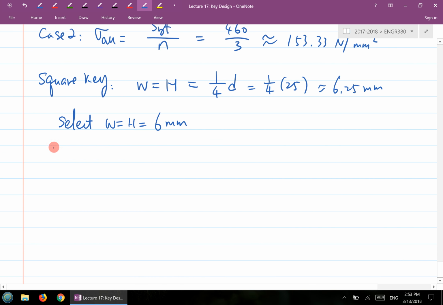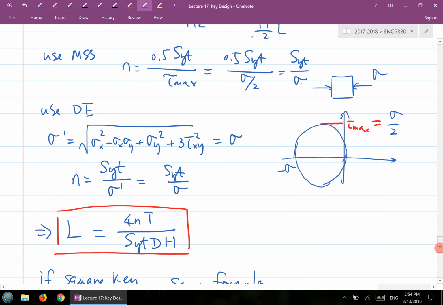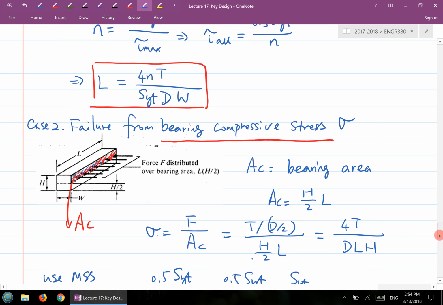Now let's calculate L. In this case, it really doesn't matter. You can use either formula for calculating the L, because it's a square key, so both formulas will give us the same results here.